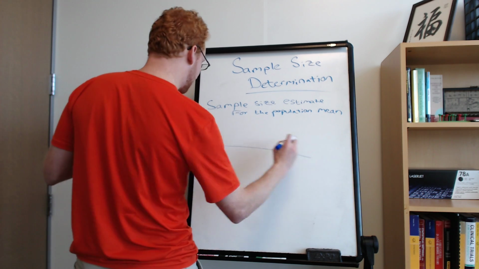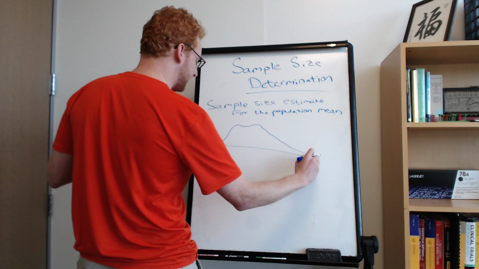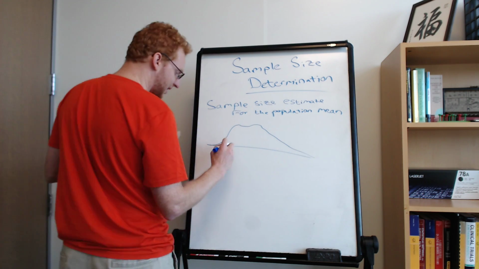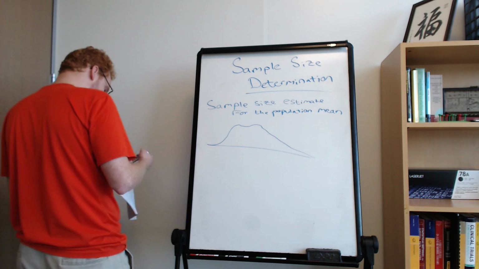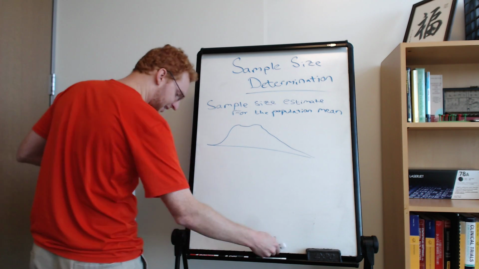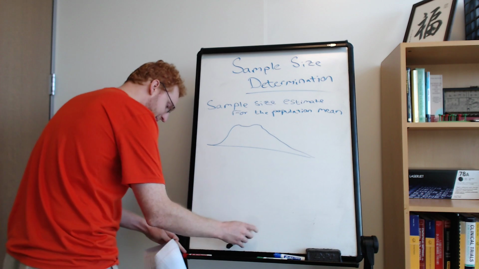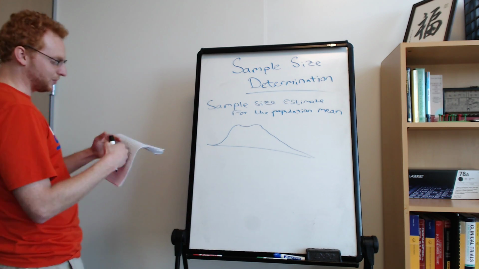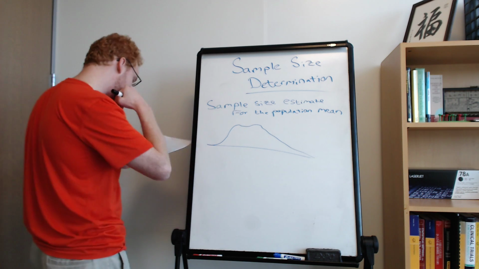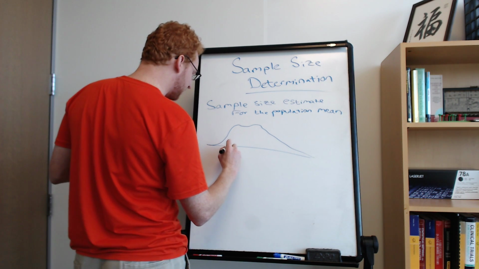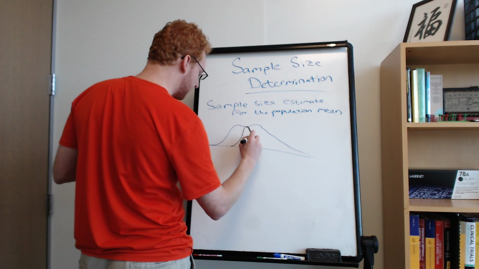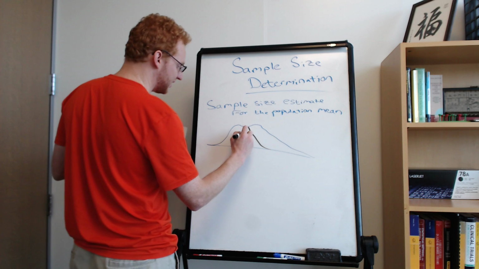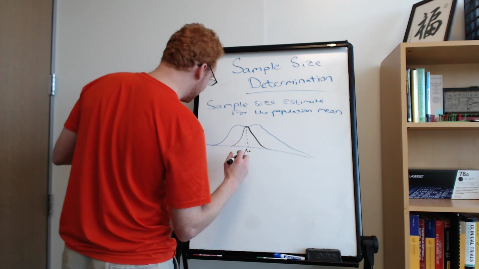So you have some data, follows some distribution, whatever, and then the mean. The mean, by the central limit theorem, is going to be normally distributed, or approximately normally distributed. And so the mean will follow some normal distribution. Pretend that's a normal bell curve. And so this is the mean.